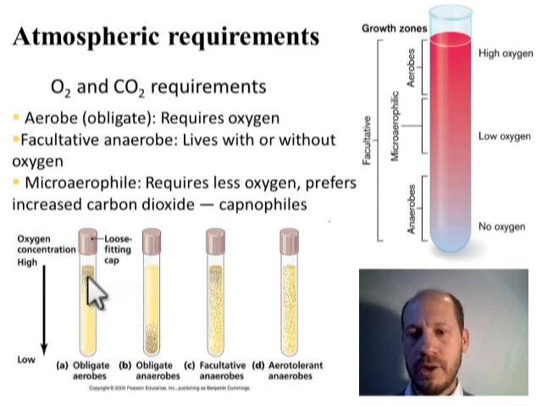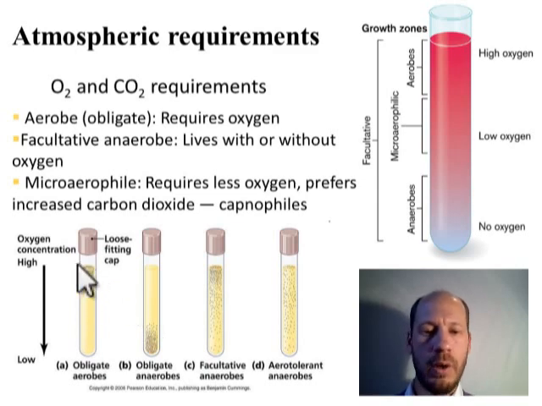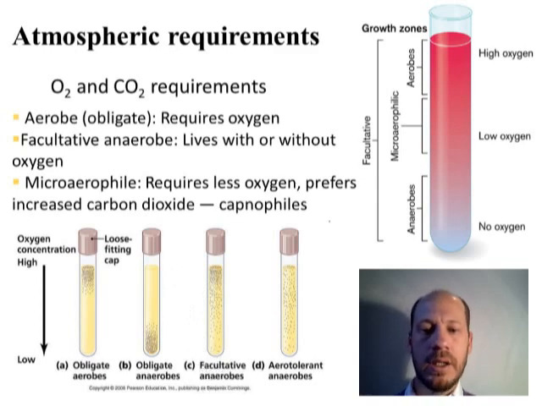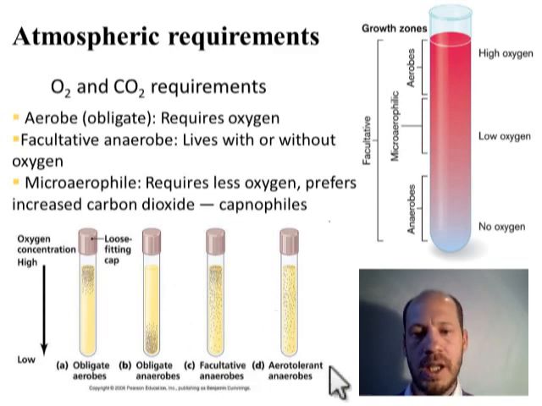And if it colonizes the top of the tube where you have contact with oxygen, then you would say that this microbe is an obligate aerobe. If it colonizes the whole tube, then you would say it's facultative anaerobes. And if it colonizes the whole tube also homogeneously, you would say that it's aerotolerant anaerobe.